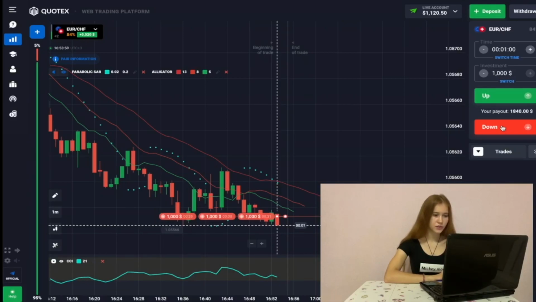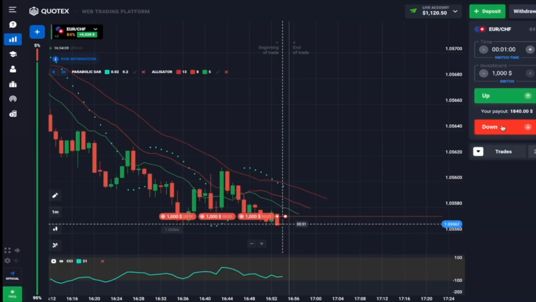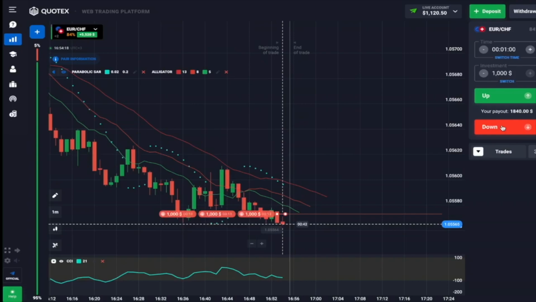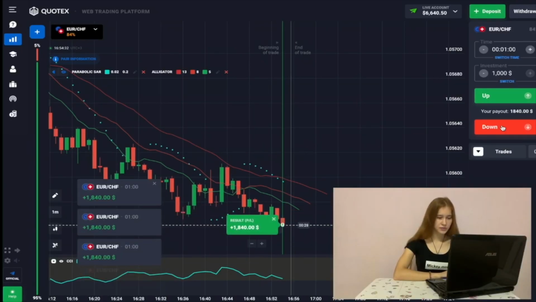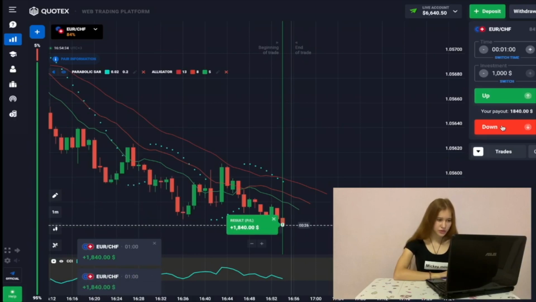Let's now wait for the completion of our deal. So we have successfully closed our transactions according to our strategy.